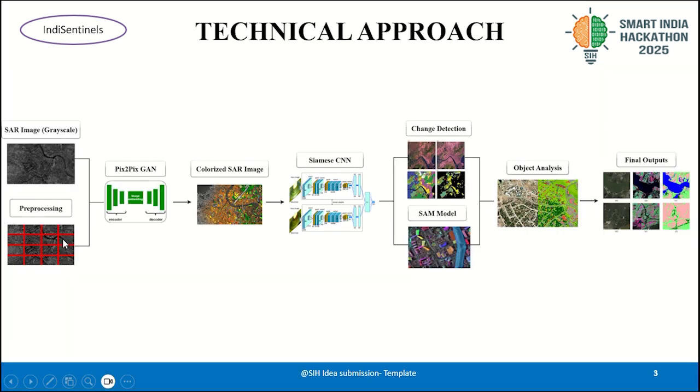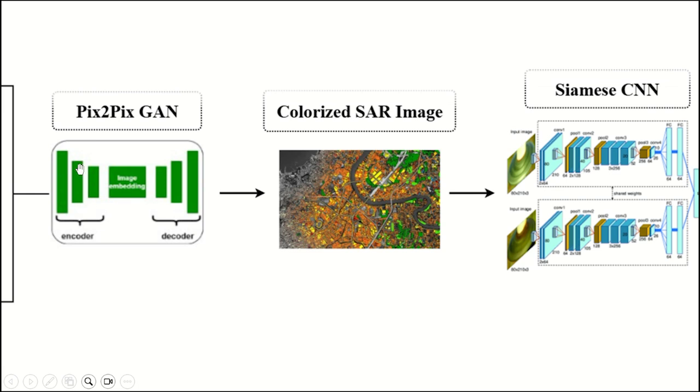Firstly, the grayscale SAR image is taken as input, and then the image is pre-processed. It means that all the noise and unnecessary data is removed. It is then divided into multiple patches. Then those patches are used as input in the Pix2Pix GAN. The main use of Pix2Pix GAN is to generate the colorized image from the initially grayscale one.